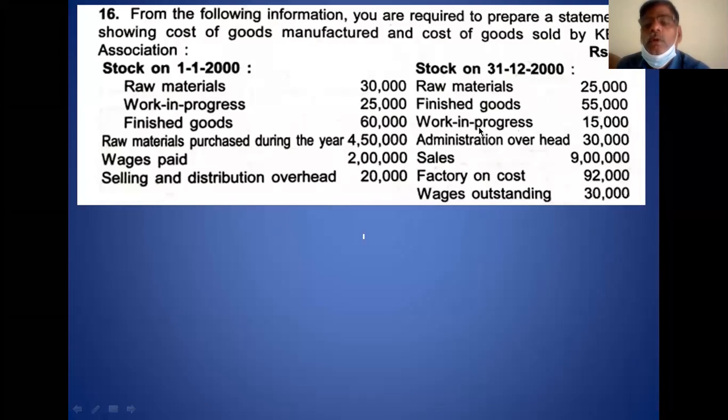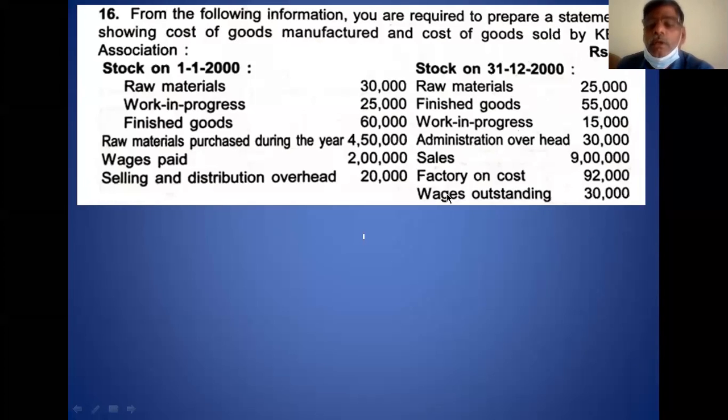Then administrative overhead is there. Sales is there. Factory on cost means factory overhead. Wages outstanding is to be added to the wages.